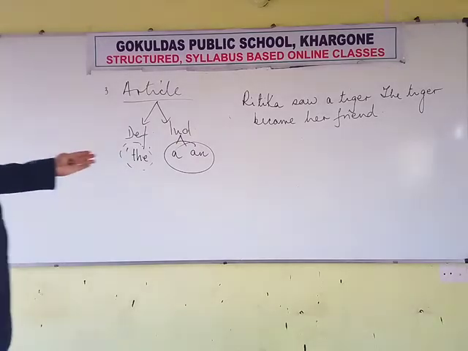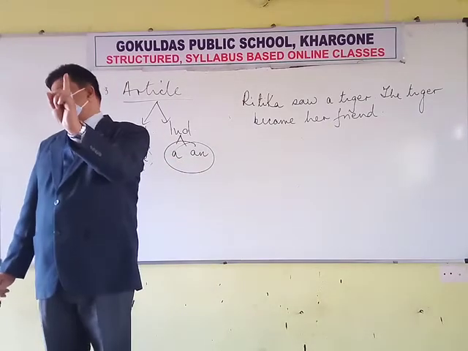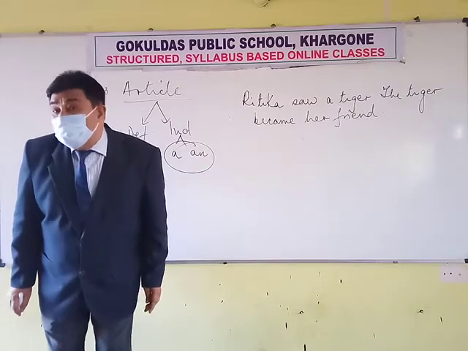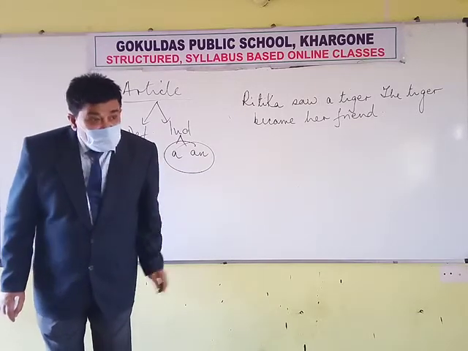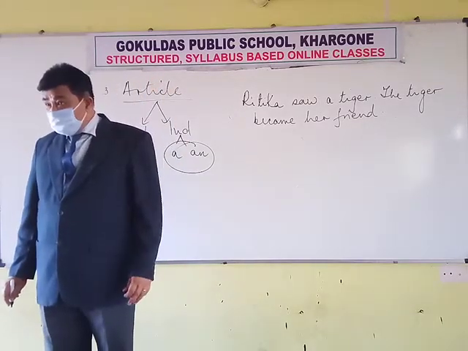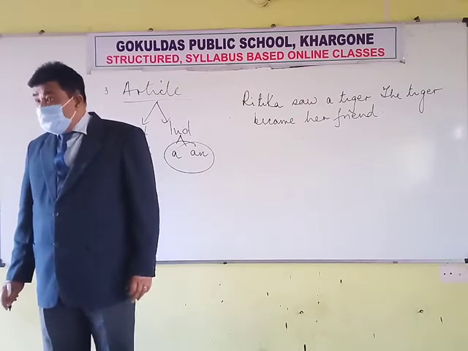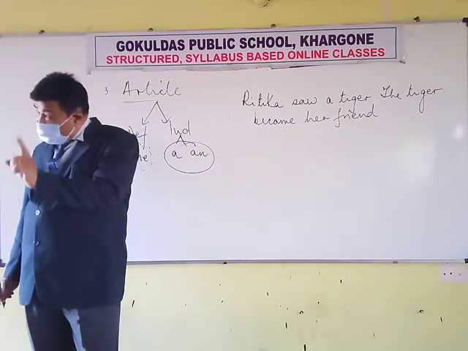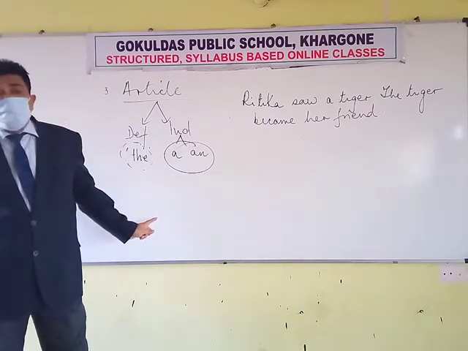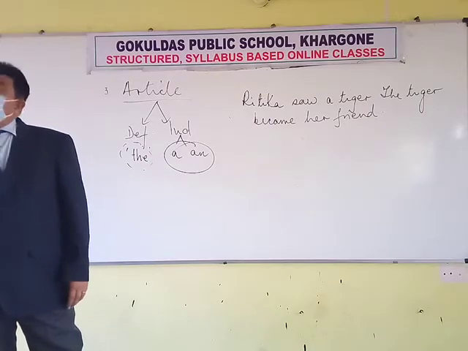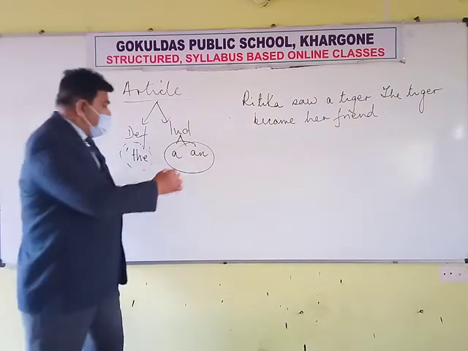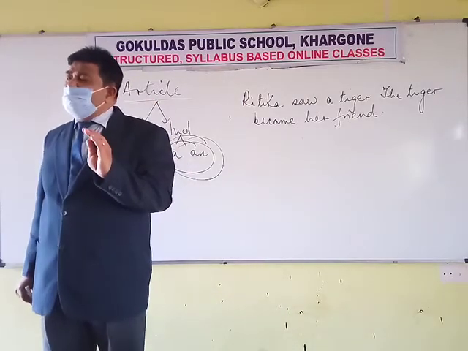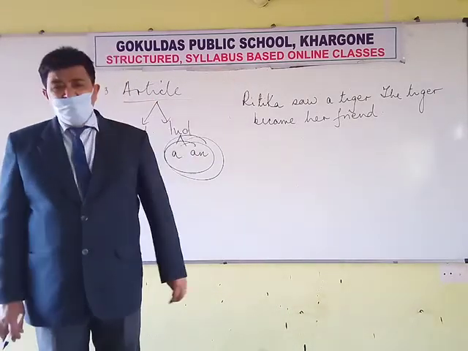Now this thing, first of all, remember, "a" means one. Only for singular. I cannot say "a boys" or "a classrooms." Are you understanding? So indefinite articles can only be used for singular cases. The definite article can be used both for singular and for plural. Now, I use this when I am talking about something in general.